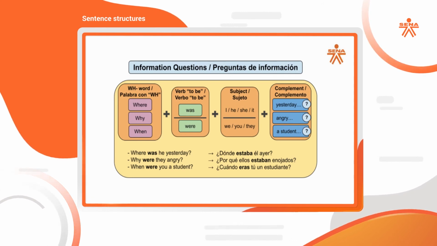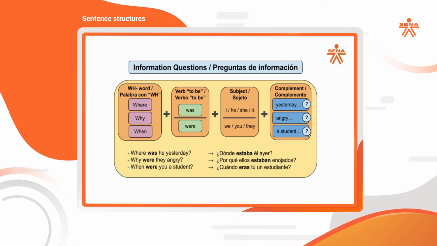It can be where if you are asking about a place. It can be why if you're asking about a reason. It could be when if you're asking about a time. So you can say, where was she yesterday? ¿Dónde estaba ella ayer?